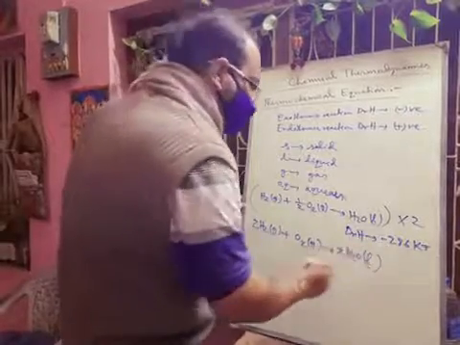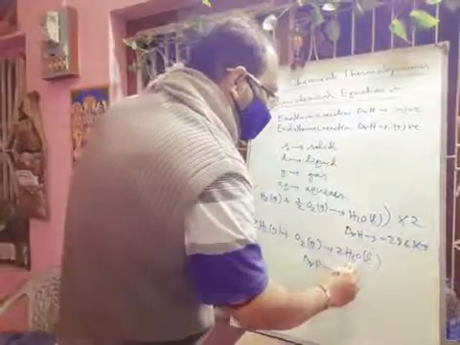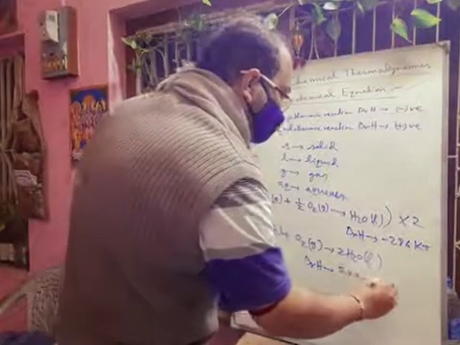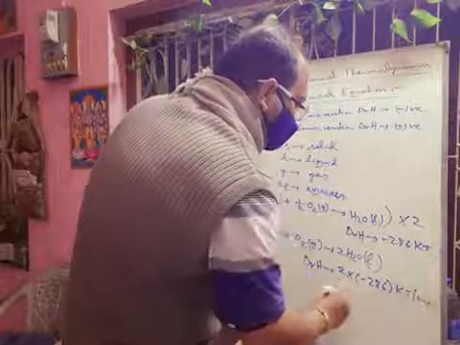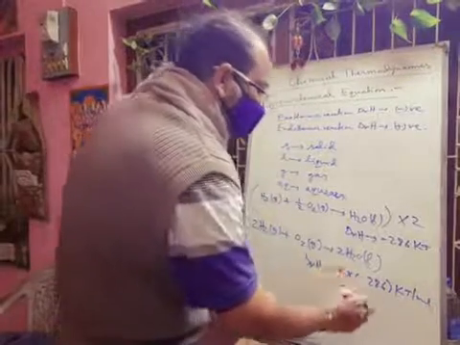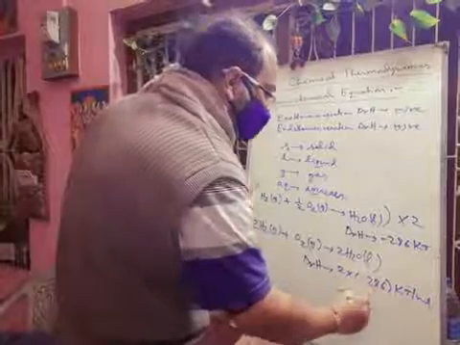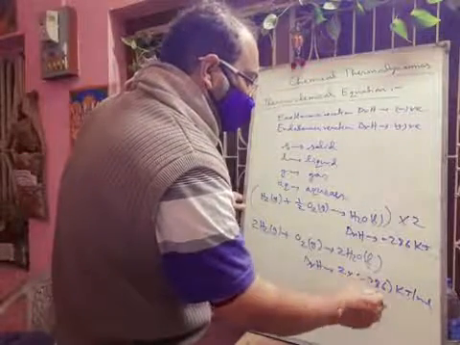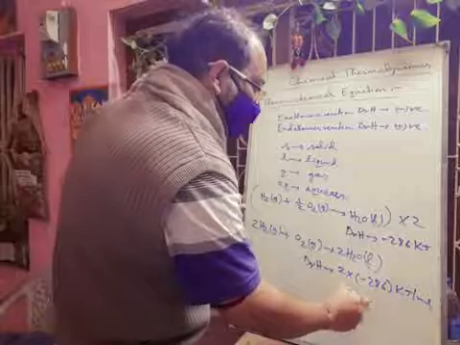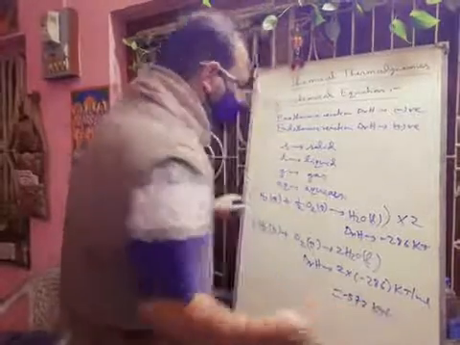Then we have to multiply the delta RH value also by 2, so 2 into minus 286 kilojoule per mole gives minus 572 kilojoule per mole.